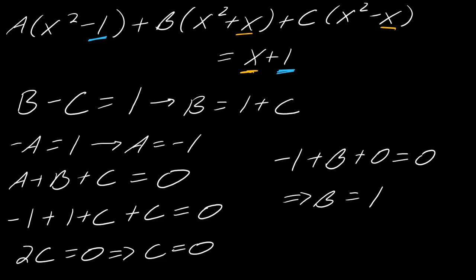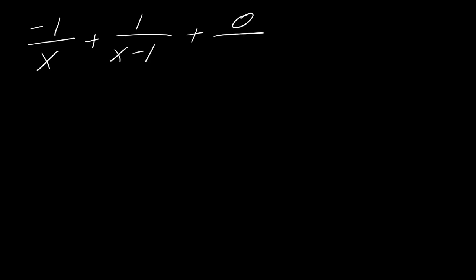Okay. And so now we've got all those pieces here, right? So let's go ahead and write this out. My a was negative 1 and that went over the x. My b was 1, and that went over the x minus 1, and then my c was 0, so that went over the x plus 1.